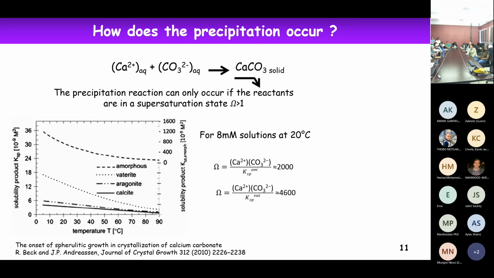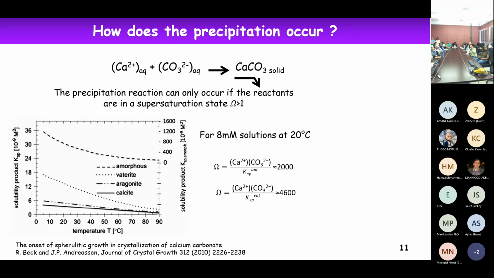And how does it work? Well, for instance, if I am working with 8 millimolar solutions, so I have a concentration of calcium which is 8 millimolar, concentration of carbonate 8 millimolar, I can do the product of the two, and I can look on this graph what is the KSP of the amorphous value.